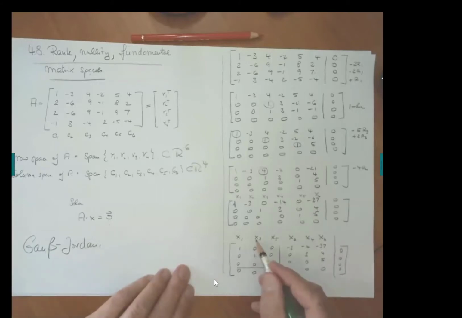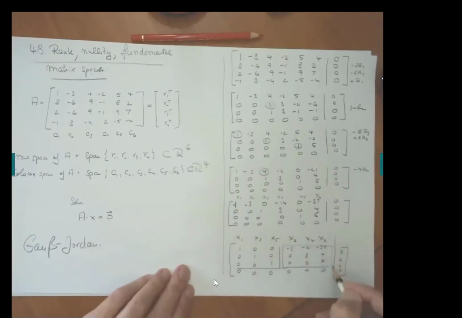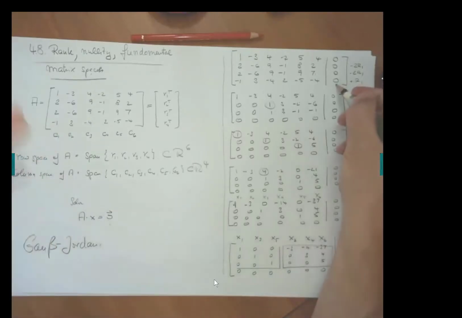So these are the leading variables, 1, 3, and 5. Then here we have a block where any type of number can be in there. Then we have 0 rows here, and then this number, or maybe there are several of them and there are more rows, this number always determines if we are consistent or not. In this case, we have to be consistent because we have just a 0 side.